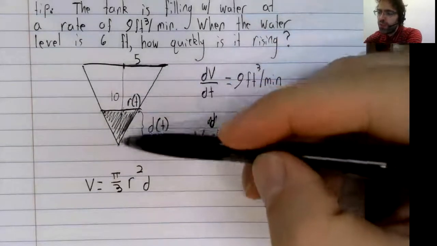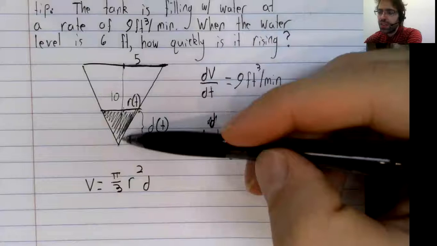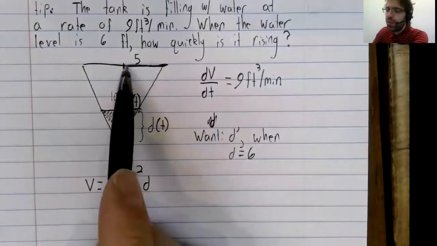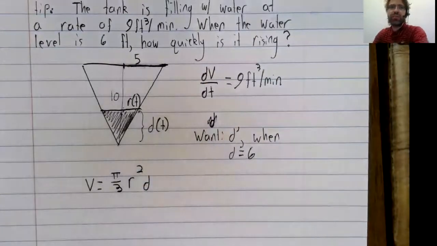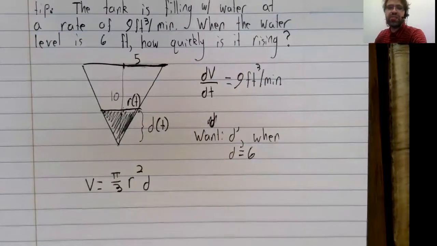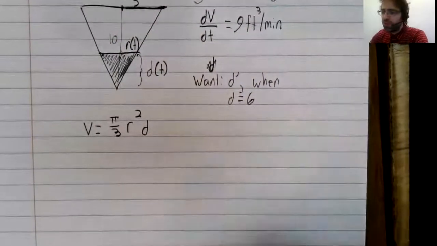We haven't used the height of the tank. We haven't used the radius of the tank. And the trick here is similar triangles.